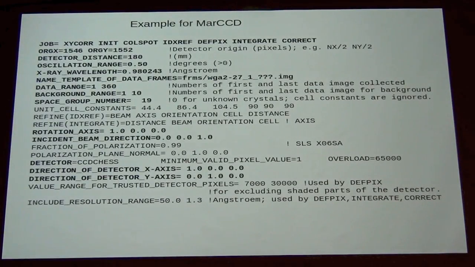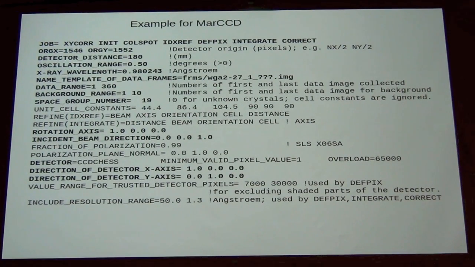As an example for the input file, this is just for a certain detector, the MAR CCD detector, and the name of the detector is written somewhere. It says detector equals CCDCHESS here, and some specification about the number of counts that the pixel can have.